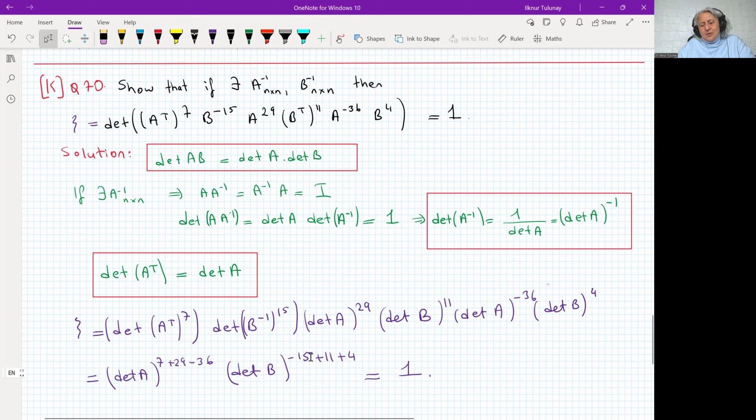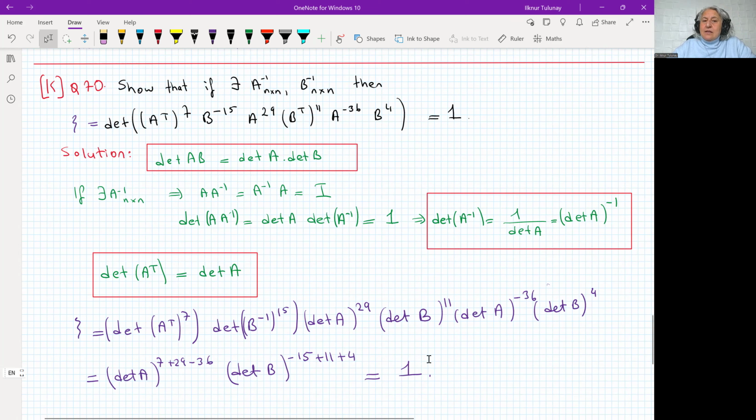I have a determinant of B to the power 11 here, and another power here, 4. So this will be minus 15 plus 11 plus 4, and again this number is 0. Determinant of B to the power 0: the determinant of B is a real number, and power 0 is 1, so it is just 1.